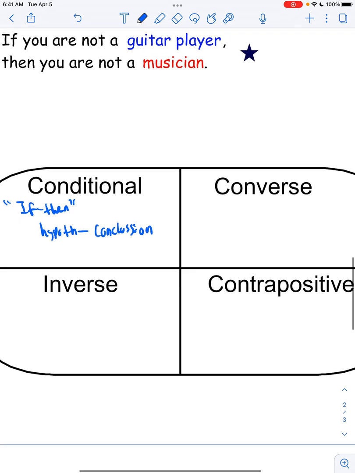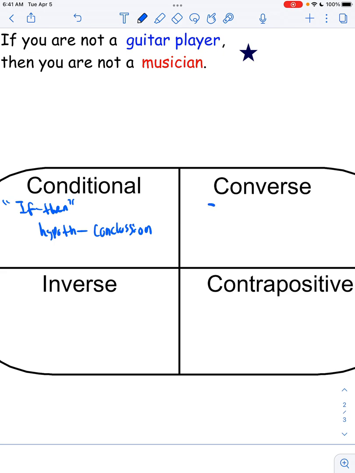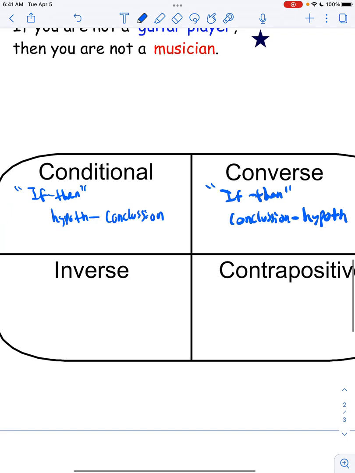My converse is still an if-then, but I'm going to go conclusion first, and then my hypothesis. My inverse, I'm going to take my conditional statement and just make it not.